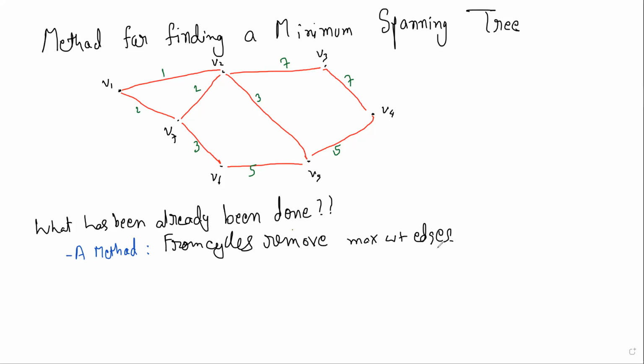And obviously you can't do this at once. You have to find a cycle, remove the max weight edge. Now in the resulting graph, you look for a cycle and then remove, and so on. And eventually you will be done. And we had proved it. We got into a little bit of a mess, but we ended up proving it. So this is fine.